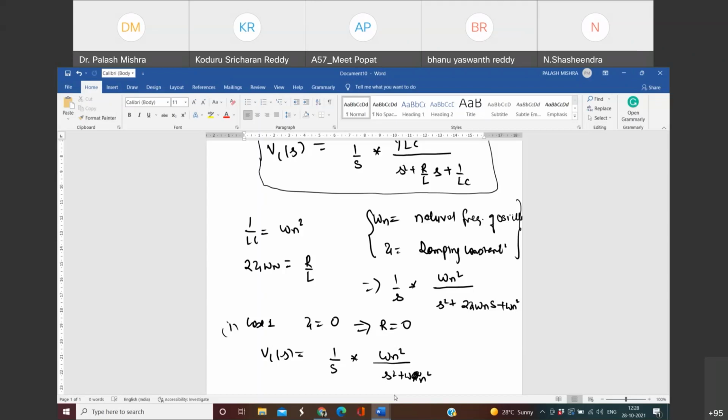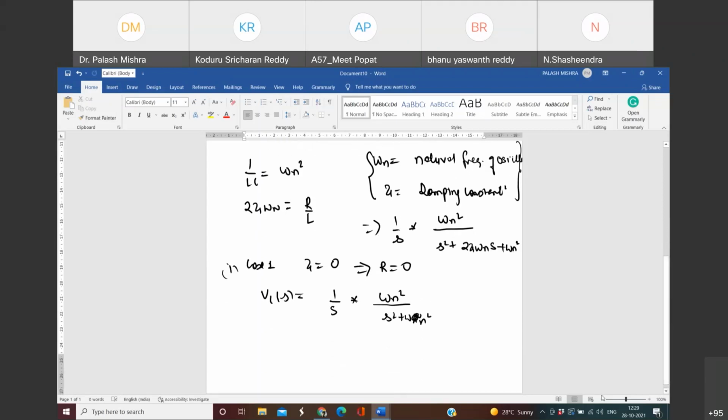Is it clear or not? Now you have to do the partial fraction of this equation and tell me this equation in the form of A by S plus B upon S square plus omega n square. Please tell me the values of A and B. I'm giving you 2 minutes. Use partial fractions.